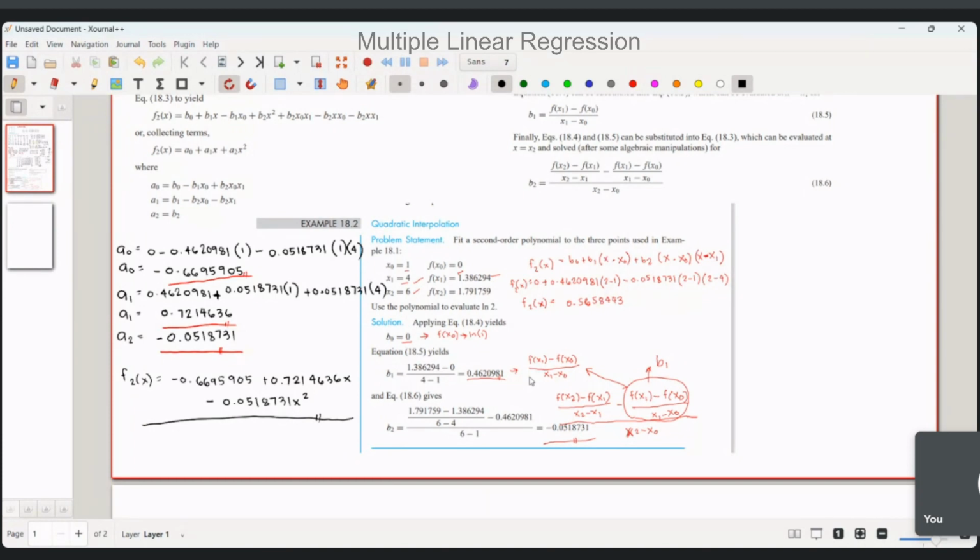Okay, so diri ta kutob sa atong class. Linear interpolation and quadratic interpolation. We have already discussed Lagrange, Miss.